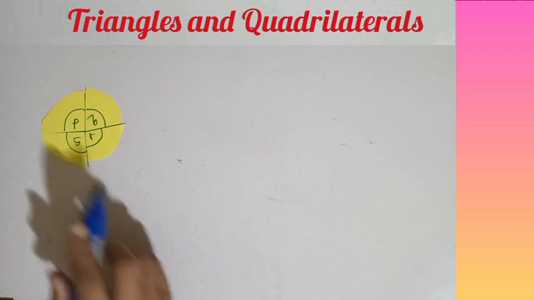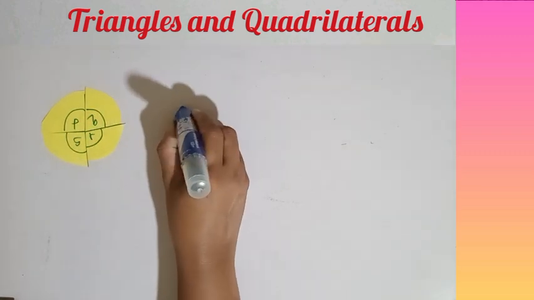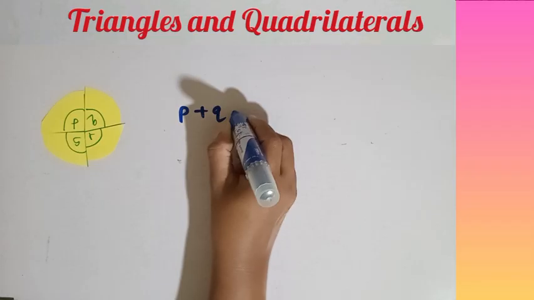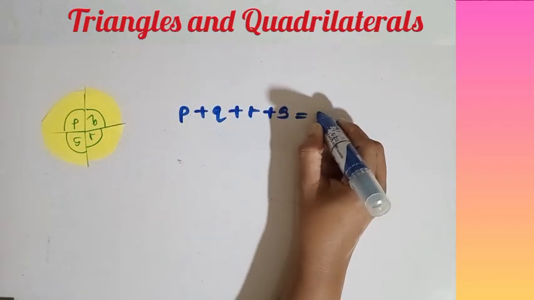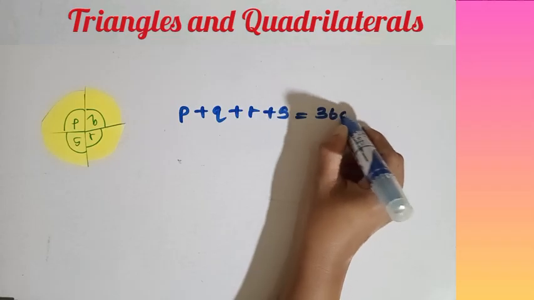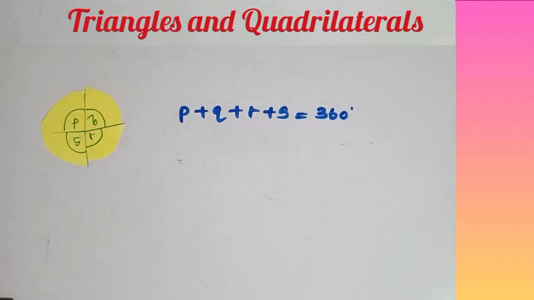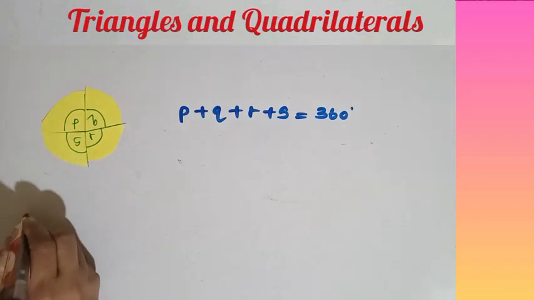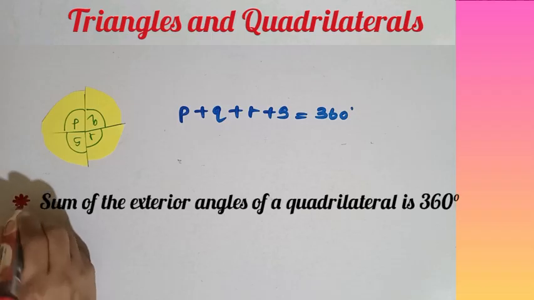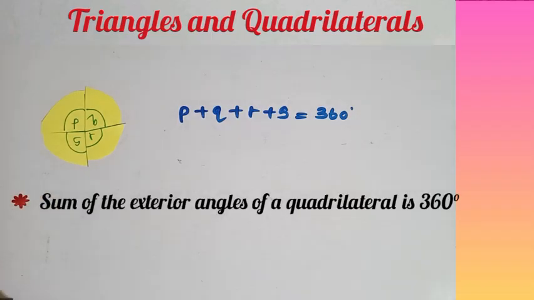So the sum of the angles P plus Q plus R plus S is equal to 360 degrees. So what is the conclusion we can take here? The sum of the exterior angles of a quadrilateral is equal to 360 degrees.